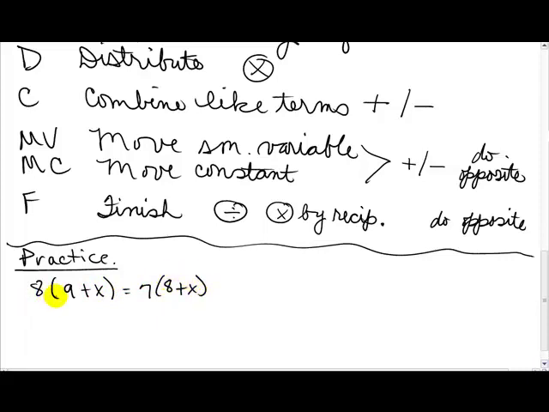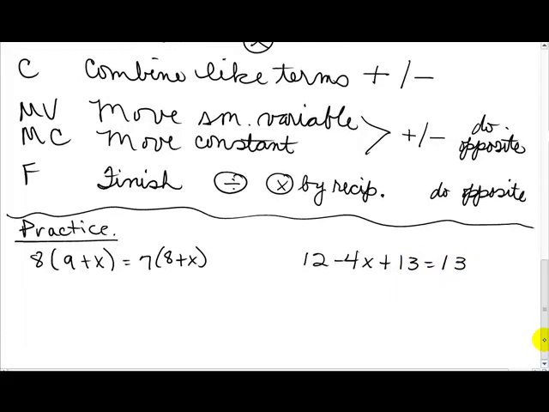We've got 8 times 9 plus x equals 7 times 8 plus x. Twelve minus 4x plus 13 equals 13.